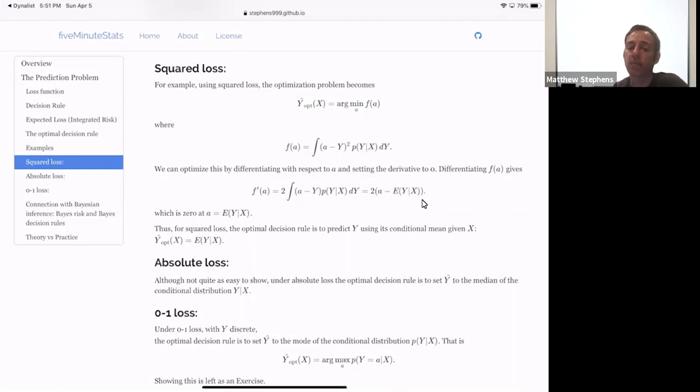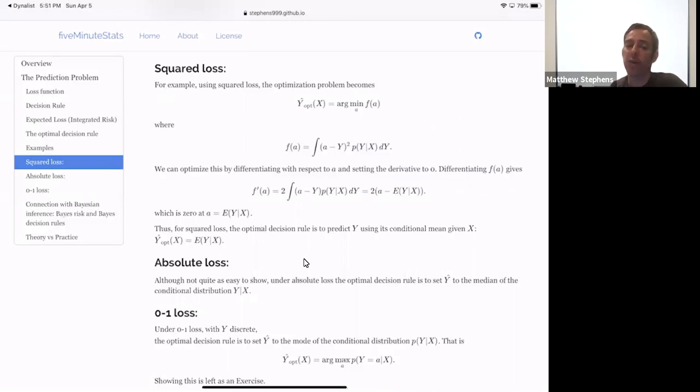In a Bayesian context you would call this the posterior mean for y given x. So if we put this into Bayesian language, the optimal predictor under squared loss is the posterior mean.